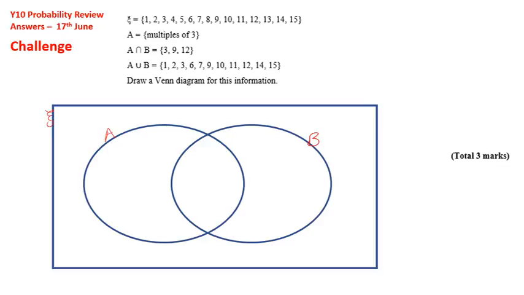And now we can start filling in. First of all, I would fill in A intersection B in this overlap, 3, 9 and 12.